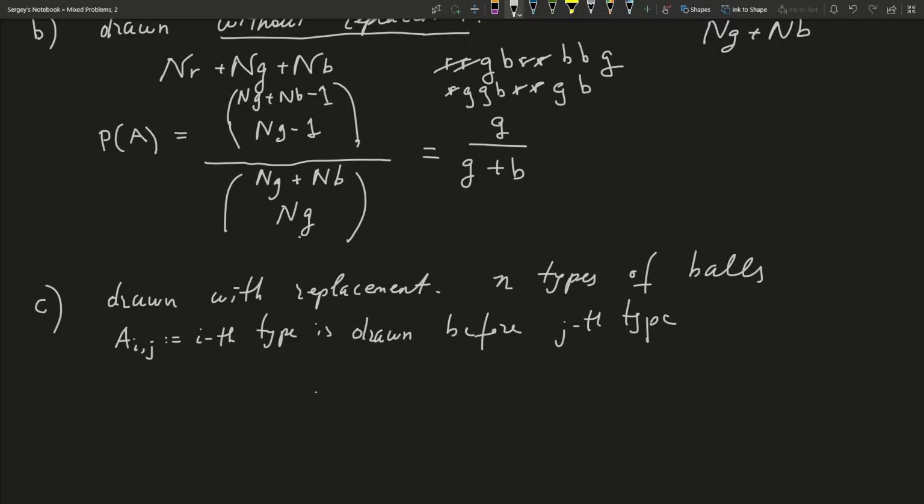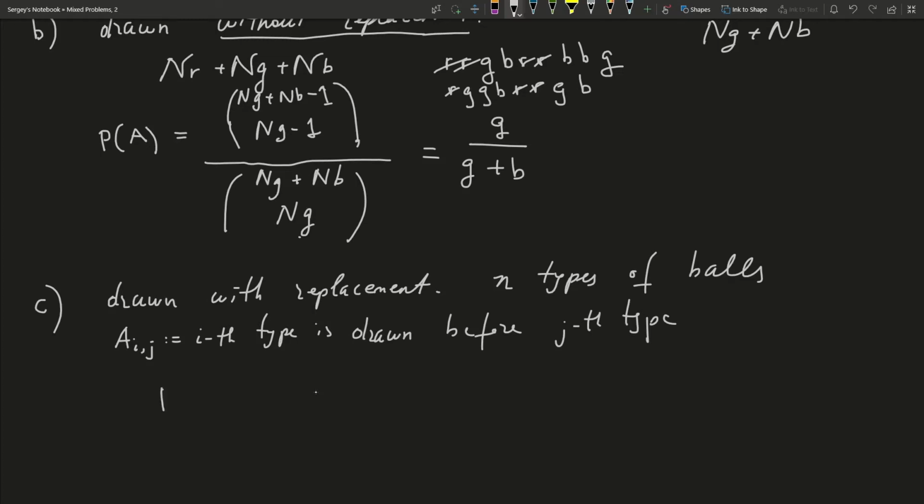And notice that for this problem, again, all the remaining types of balls except for i and j are irrelevant. As we draw these balls from the urn, we don't care about the positions of the other types of balls. All we care about is, out of the type i and type j balls, what is the probability that the first one is an i type?